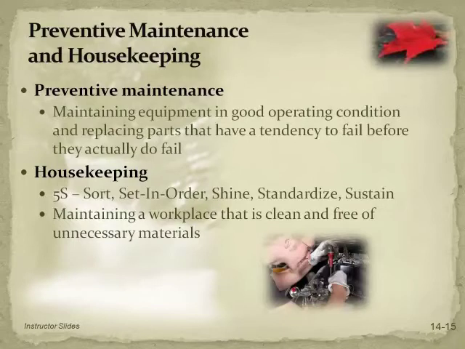The definition of preventive maintenance is maintaining the equipment and, in fact, replacing parts that tend to fail before they actually fail. So, for example, if we have a machine that has a fan belt on it, the fan belt turns, and eventually that fan belt is going to fail.